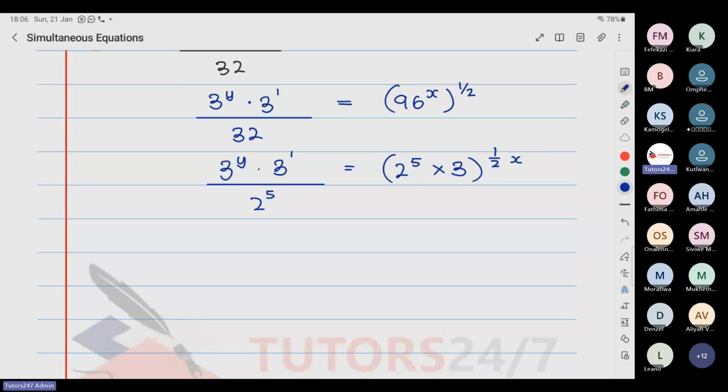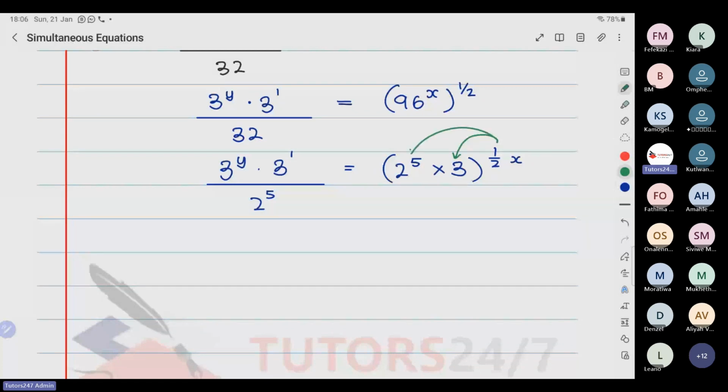Now, from here, we are going to distribute that exponent into the bracket. We're using the exact same rule. When you raise a power to another power, you multiply the exponents. So we are going to distribute this a half x into the bracket.